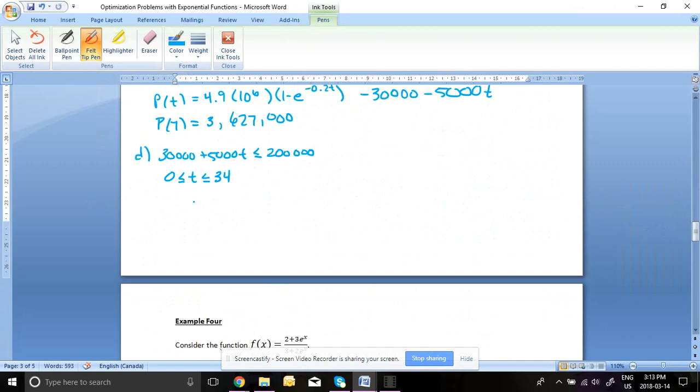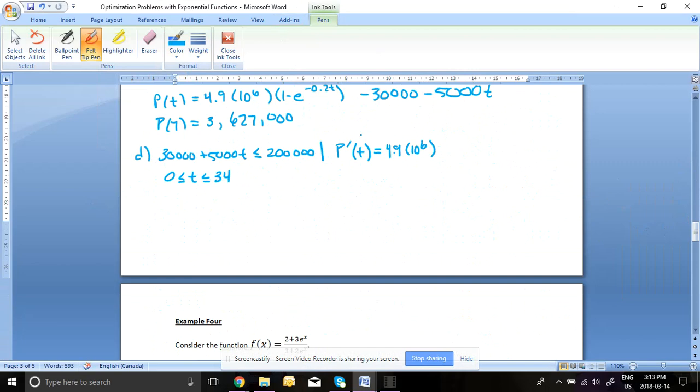So now we have to find the derivative of our profit function within this restriction. So P prime at t is equal to 4.9 times 10 to the 6, okay?